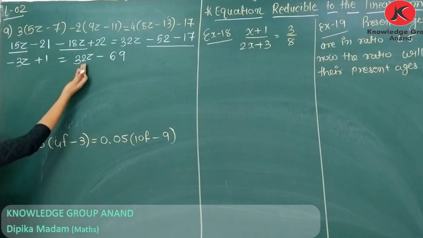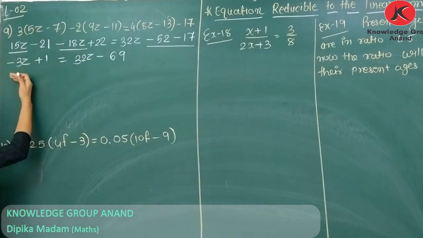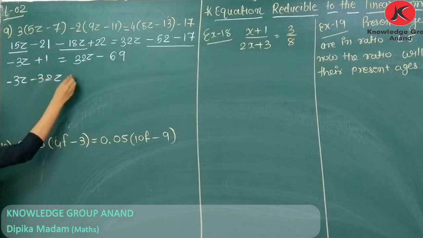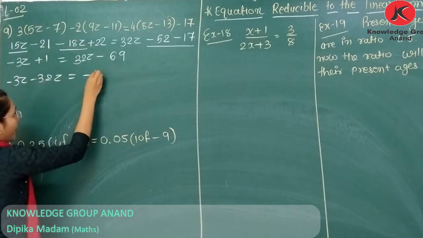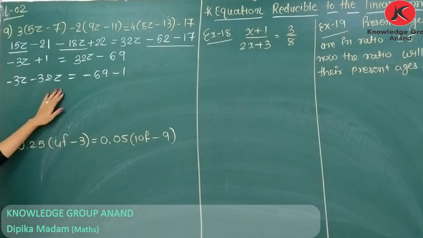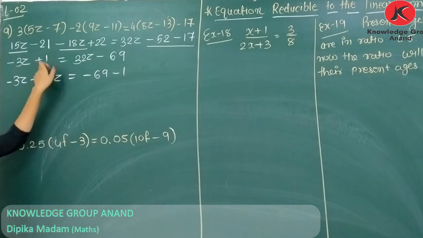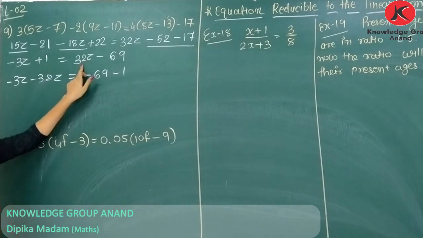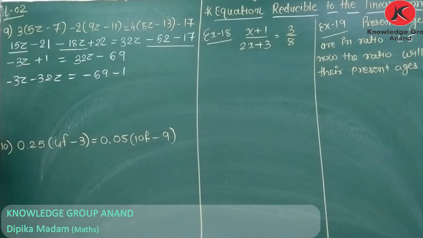Clear? Now 32z on the right side becomes minus 32z and 1 becomes minus 1. Clear? Be careful in the sign. Plus 1 becomes minus 1 and 32z, that is positive, becomes minus 32z.